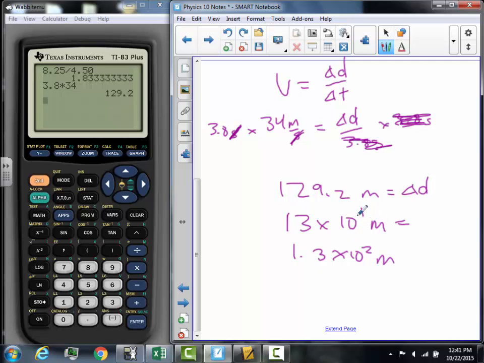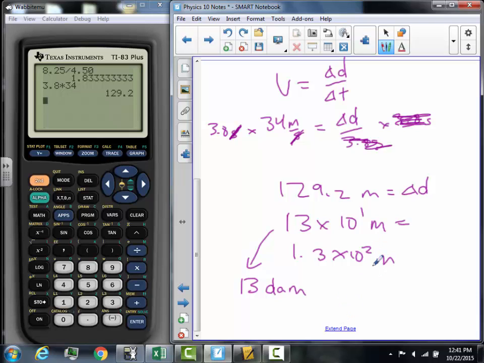I don't happen to have it nearby, but you know what I mean, like a kilo or a centi. It's like a deca. Deca is 10 to the 1. What's the prefix for deca? Is it just D? Yep. DA. Okay. So this one right here, rather than writing the 10 to the 1, I could have said it was 13 decameters. It's like you're saying a bad word almost.